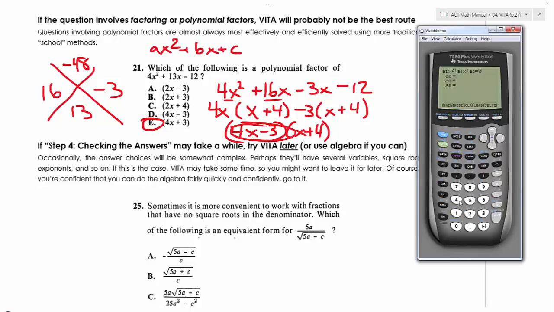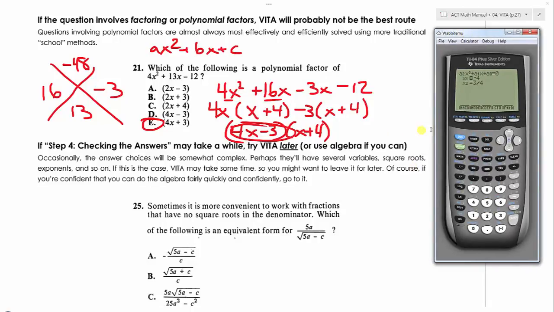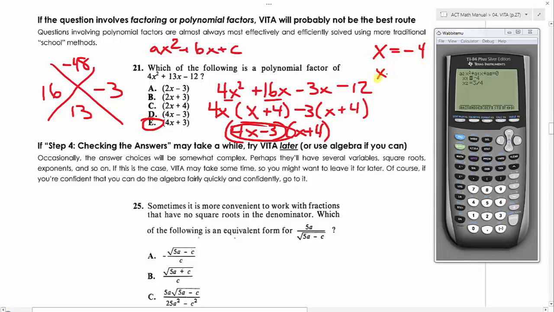So in this case we have a 4, a 13, and a negative 12. Now I'm going to hit solve. That's this tab here, which corresponds to the graph key, and look at that. The app gives me my two roots, my zeros, my solutions. It's telling me that one of my x's is negative 4 and my other x is 3/4.